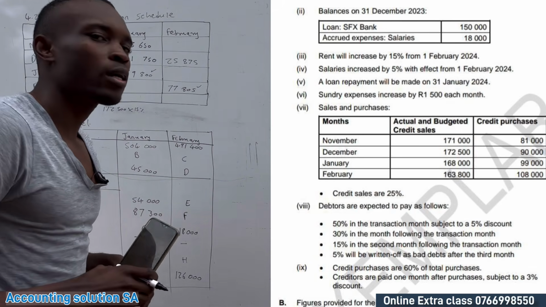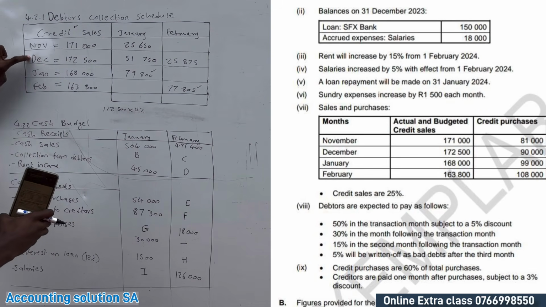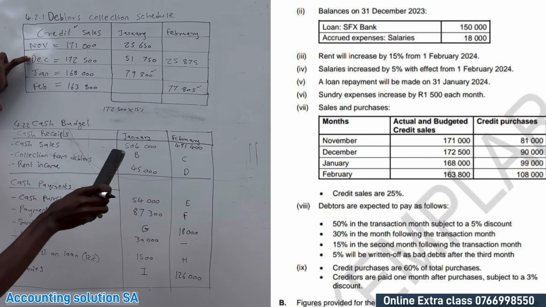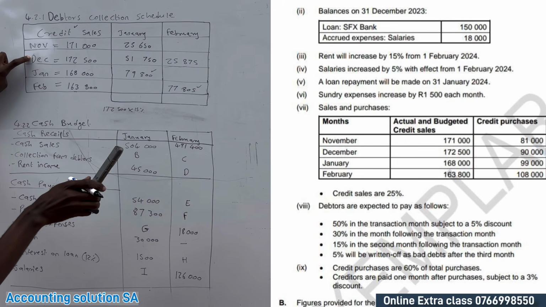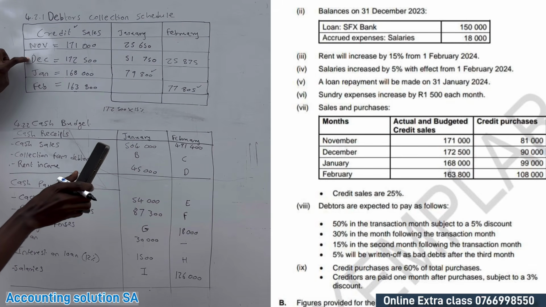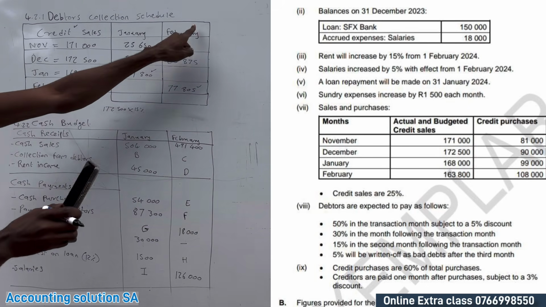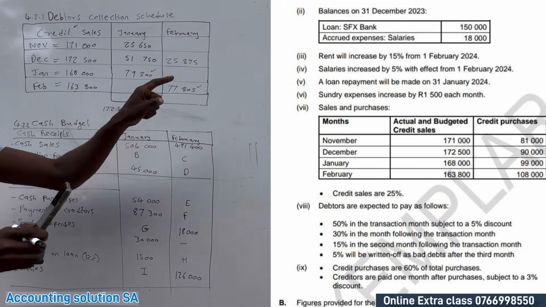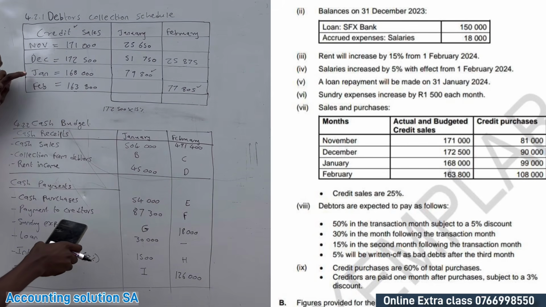Because it's after 2 months. They said 15% in the second month. The second month is after 2 months, which means you count from December: January and February. Then you meet February here and calculate that 15%. Very simple. Okay, now let's hold January.